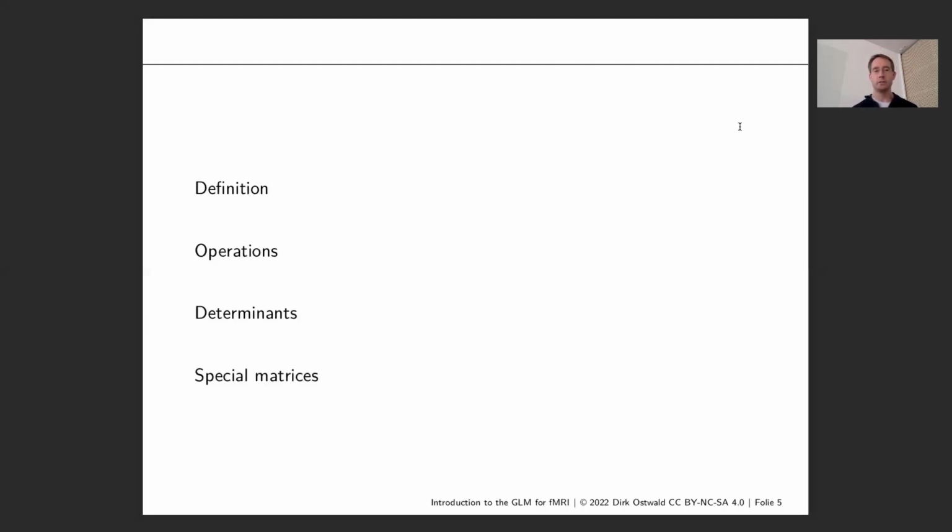Then determinants. Briefly, we don't really need them, but we will see at least one determinant all the time in the Gaussian, so it doesn't hurt to be briefly reminded about determinants. And in the end, just some special matrices, essentially just a little bit of notation, roughly to know what I'm talking about later on.